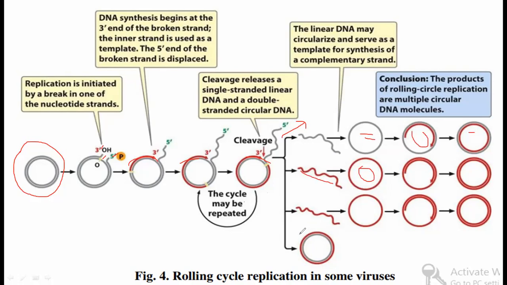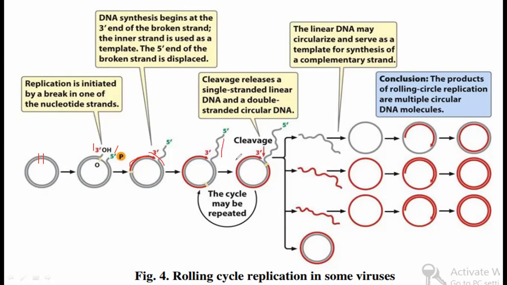Why is it called rolling cycle? I will tell you. You see, you have a double strand. Here the above strand is broken. A cut is made in the above strand, exposing the 3' end and 5' end. See, at the 3' end, the nucleotides keep on adding, and as this moves down, it is releasing this DNA segment.